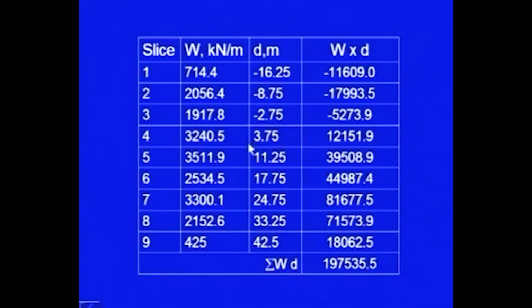Now, here you can appreciate why I ensured that slice number 3 was ending at that particular vertical line. So, here d is 3.75 and then it goes on increasing, and then I calculate these moments of different slices. So, minus 11609 and so on, and then we calculate the sum of the moments.